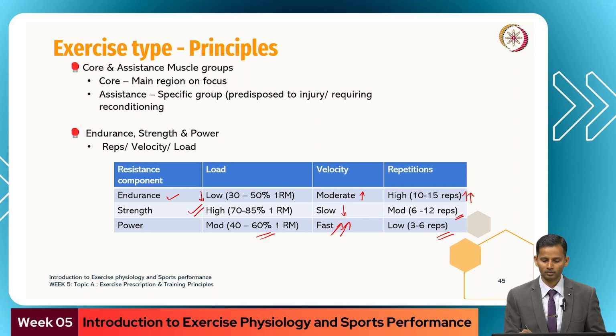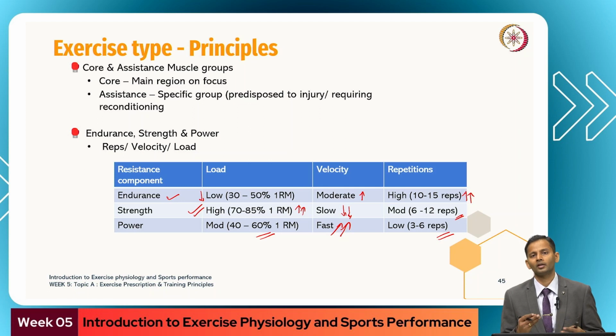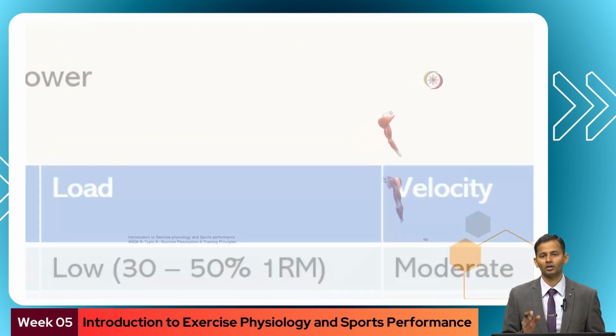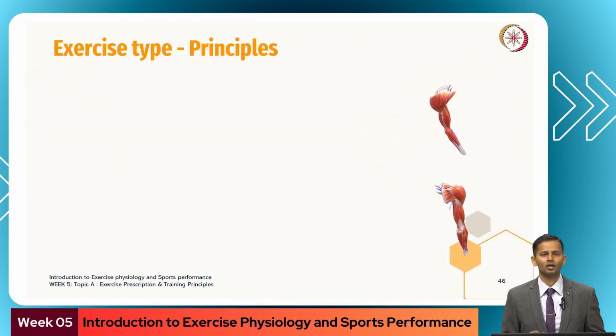Whereas when you want to increase the strength-power, you are focusing on the velocity by reducing it, and then you are keeping the load to the maximum. So these are the various ways by which, by modulating the repetition, velocity and the load, you can create different types of adaptations in the muscle with respect to endurance, strength and power.